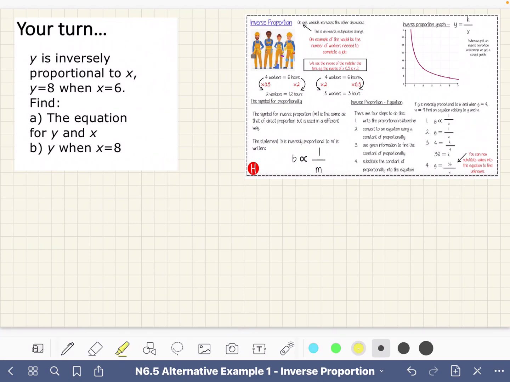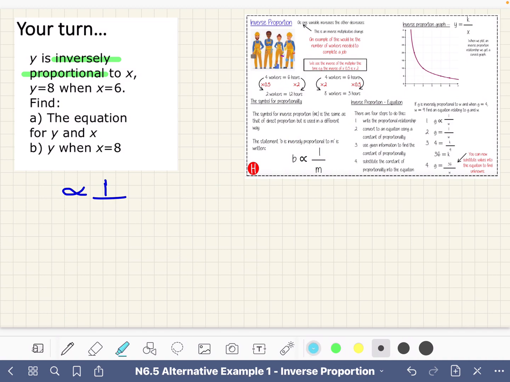Okay, so in this example, we have y is inversely proportional to x. So this inversely proportional can be represented as the proportional sign with 1 over a fraction.